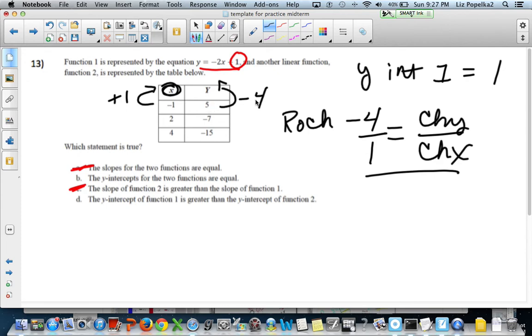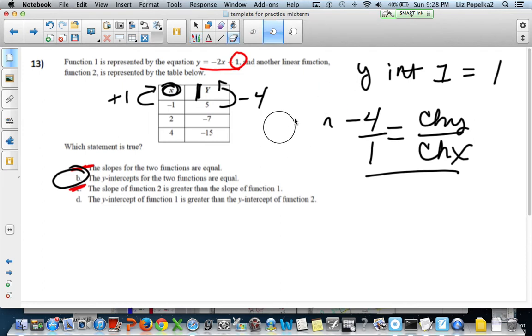So to go from a 5 and then go down 4, that means my y would be a 1. So if x is 0, y would be a 1. So my y-intercept for function 2 would also be a 1, and my correct answer is B. The y-intercepts for the two functions are equal.